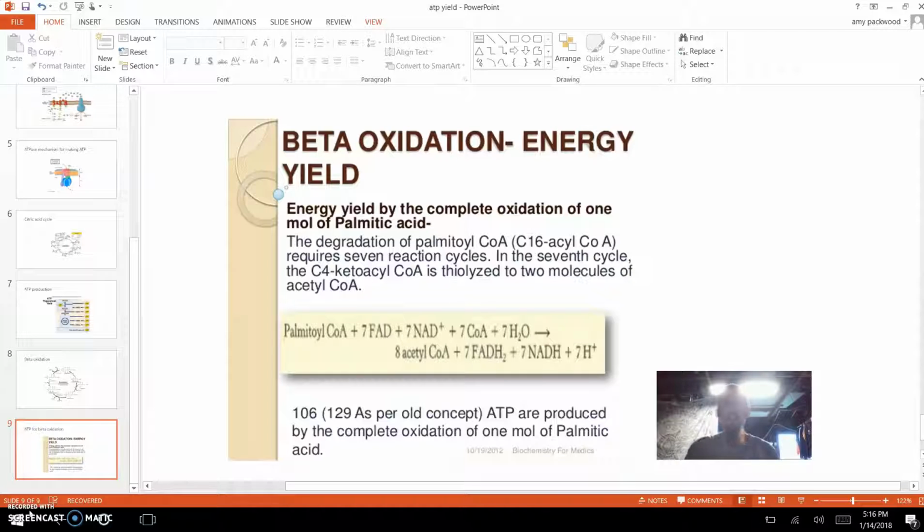Depending on it, physical training means a lot. If you can train your body to more efficiently oxidize fatty acids, then you're going to create more ATP.